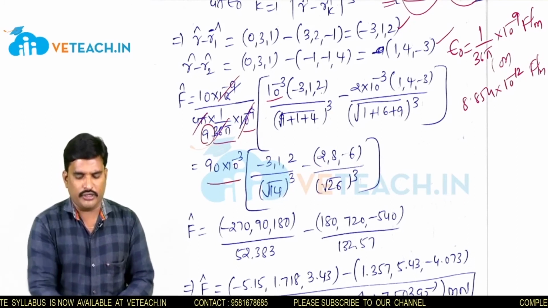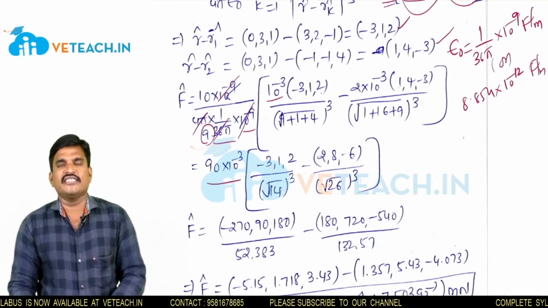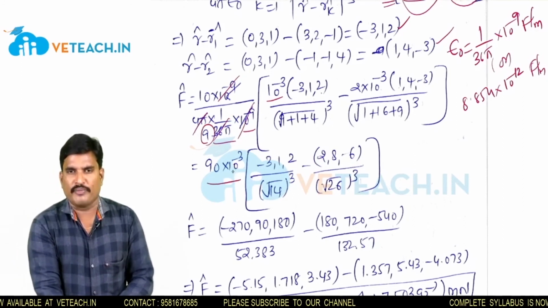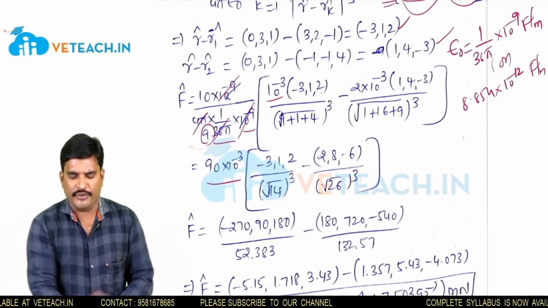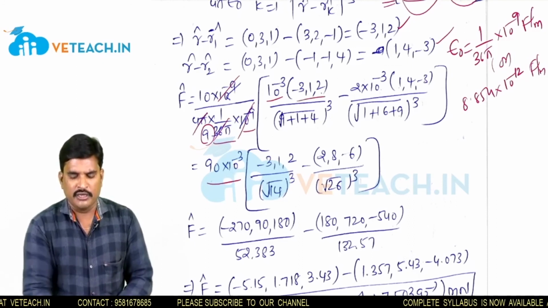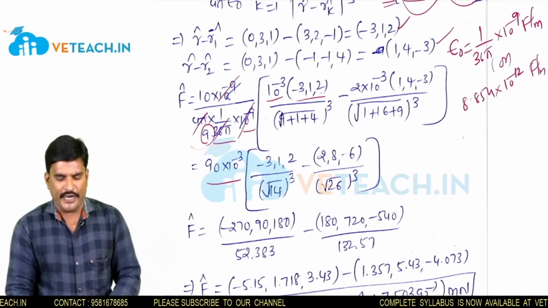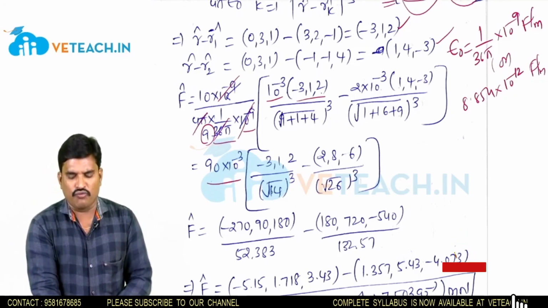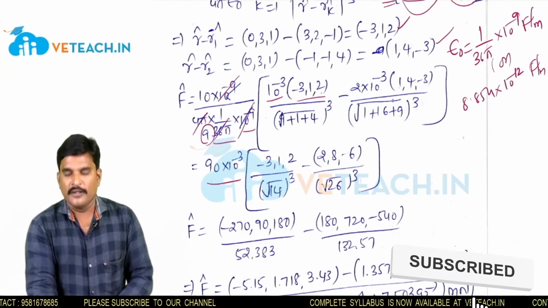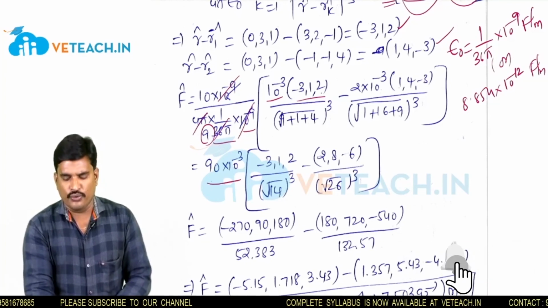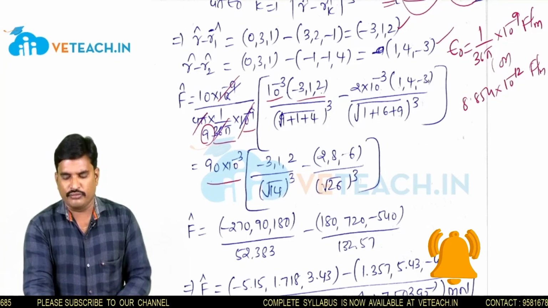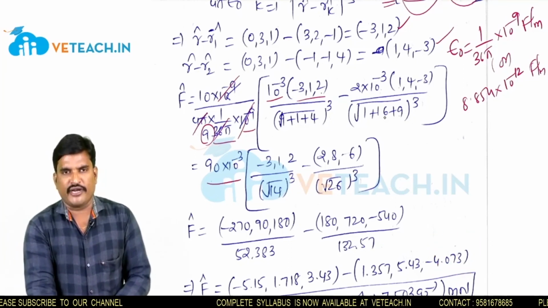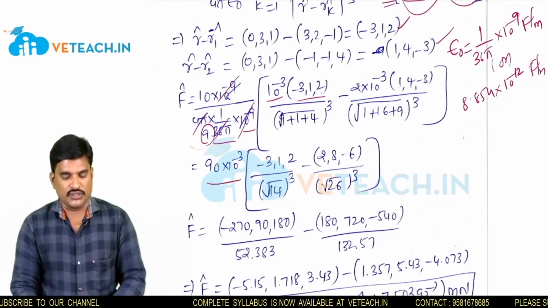So 20 into that, the numerator is 90, and take 10 power minus 3 as common outside the bracket. 90 into 10 power minus 3, remaining is (minus 3, 1, 2) by 9 plus 4 plus 1 is 14, so root 14 whole cube, minus, and remaining, 2 into 1 is 2, 2 into 4 is 8, 2 into minus 3 is minus 6, by 1 plus 25 is 26, root 26 whole cube.